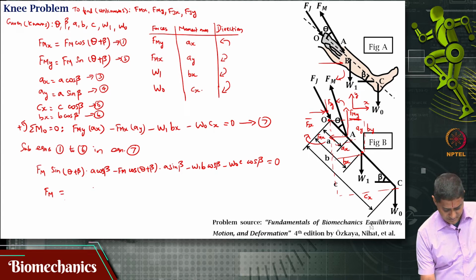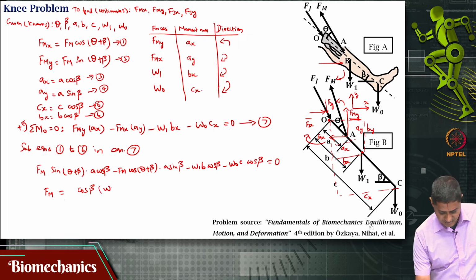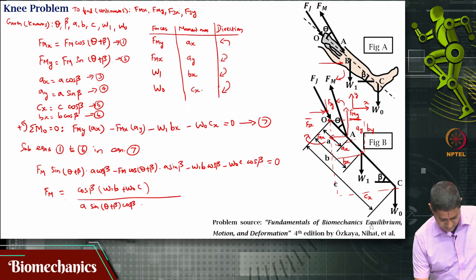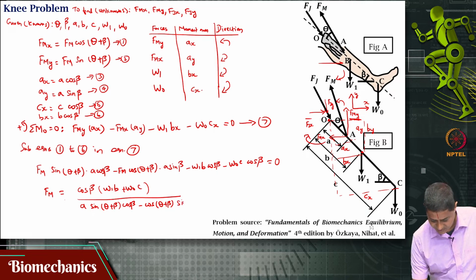Fm is cos beta times (W1 b plus W0 c) divided by A times [sin(theta plus beta) cos beta minus cos(theta plus beta) sin beta].